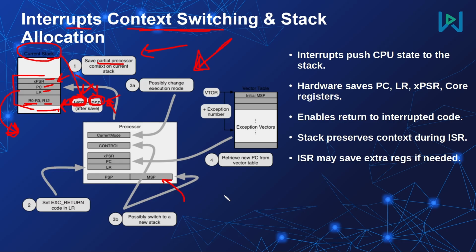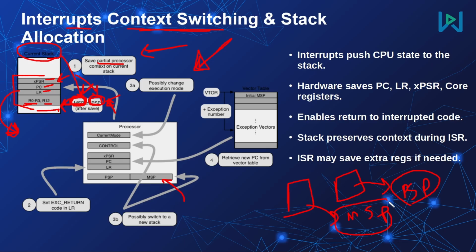Anyhow, what we need to keep in mind is that on an ARM Cortex-M microprocessor, we can have two stack areas, one pointed to by the process stack pointer, and the second one pointed to by the main stack pointer. And based on the use case and the need, we may have both stack areas used, or we can just utilize the main stack pointer.